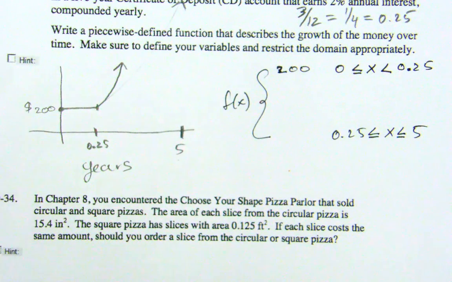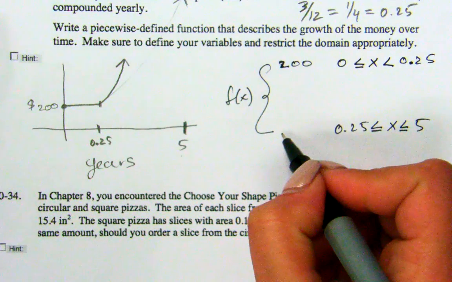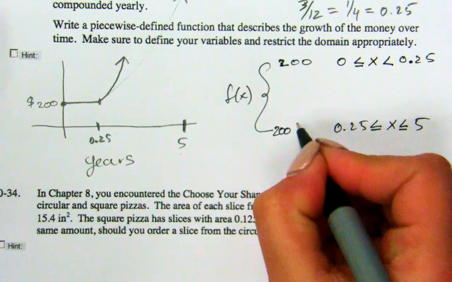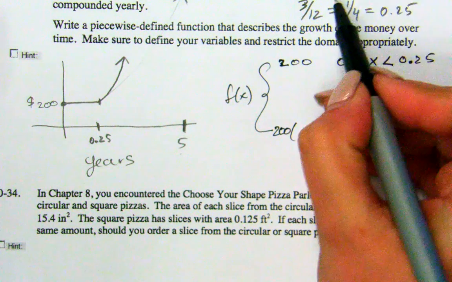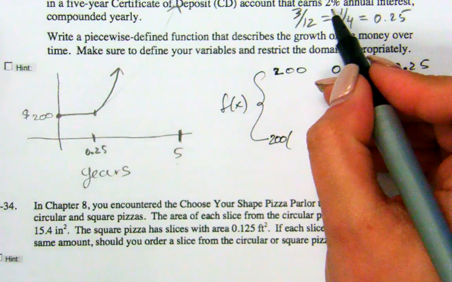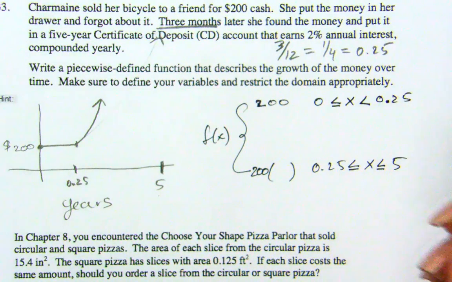Well, here it is. I don't really know how else to do this unless I just give it to you. So you start with $200, and you earn 2% annual interest from up here. So 2% added to 100%, since when you are adding money, you are actually adding to 100%.